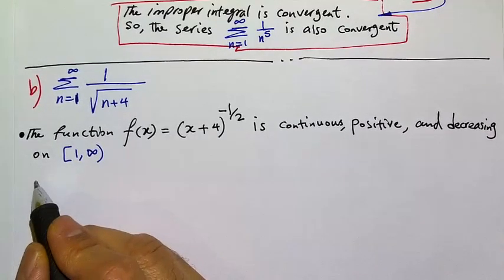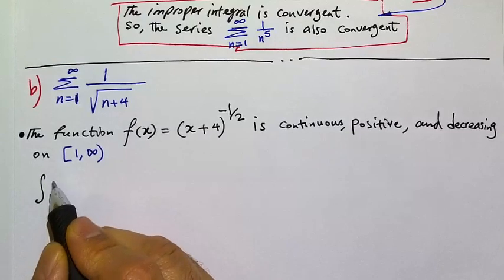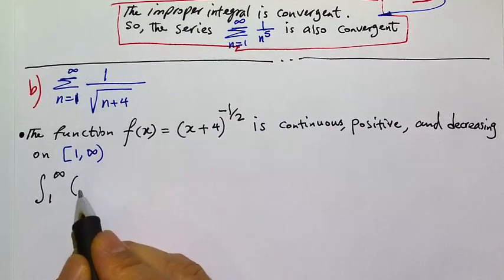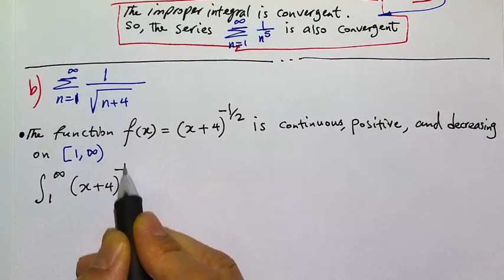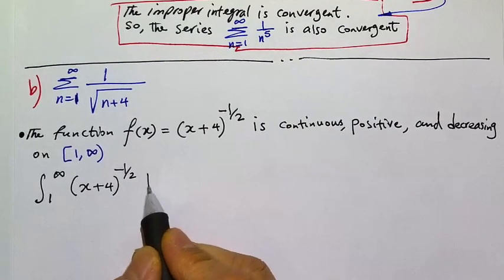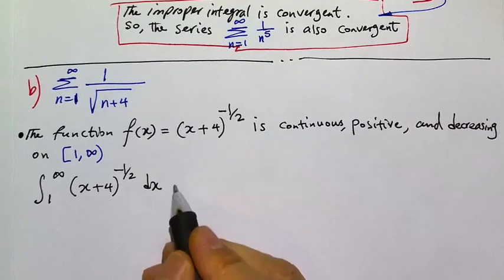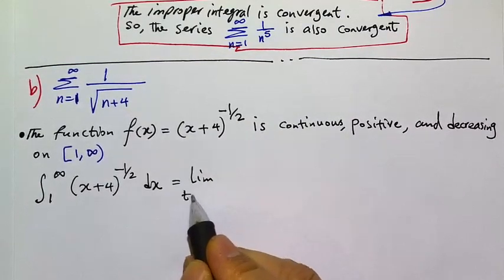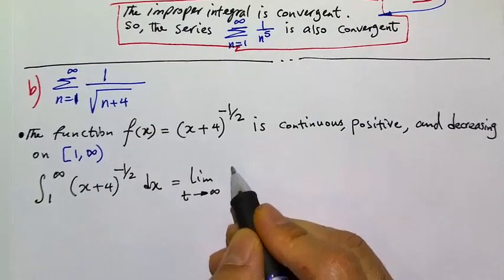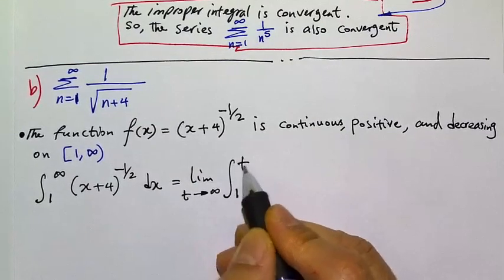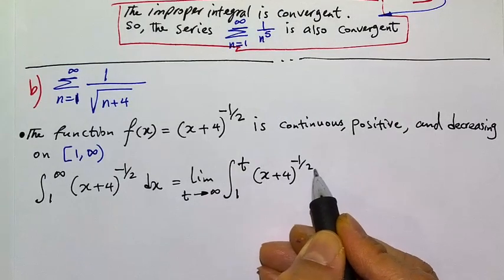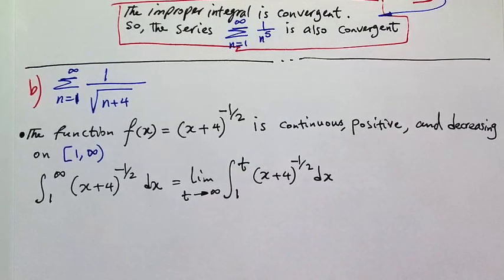Okay, so then applying the test, we have the integral from 1 to infinity of x plus 4 to the minus 1/2 power dx. And this is an improper integral, so we have to treat it accordingly: the integral from 1 to t of that dx.